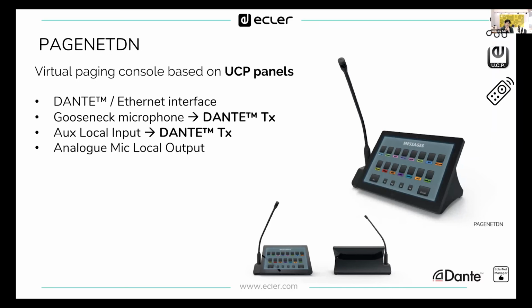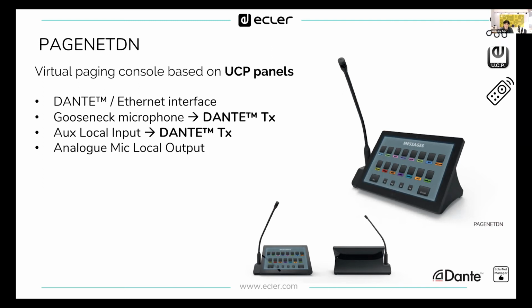It also includes a local output in the bottom as well. What for? Because when we launched this product, people wanted to have it compatible with MIMO 88 and MIMO 88SG, and these devices do not integrate Dante.